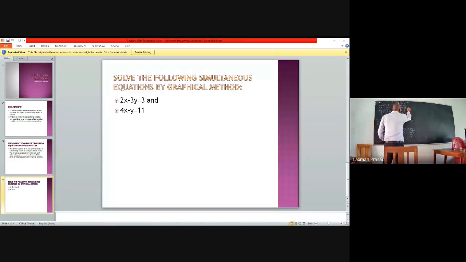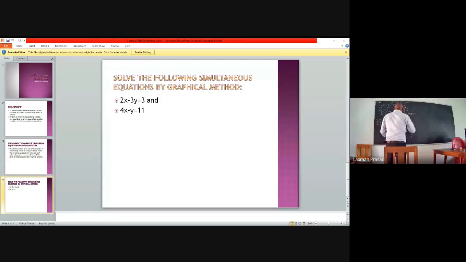If the value of x is 5, then y equals 4 into 5 minus 11. So 20 minus 11 equals 9. So if the value of x is 5, then the value of y is 9.